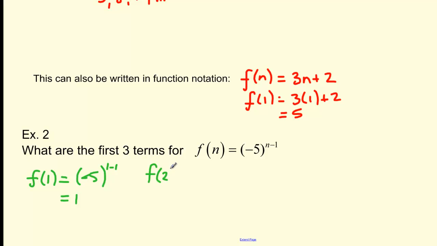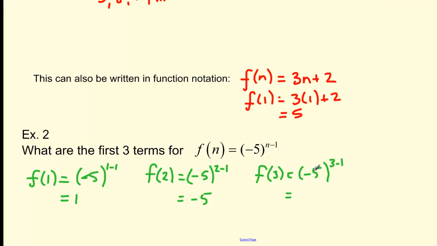The function at 2 is equal to -5 to the exponent 2 minus 1. Well, 2 minus 1 is 1, so -5 to the exponent 1 is equal to -5. And our function at 3, -5 to the exponent 3 minus 1, which is 2, so -5 squared.